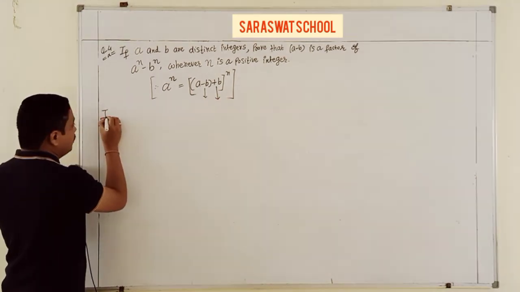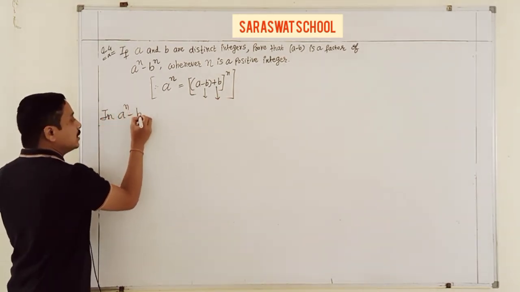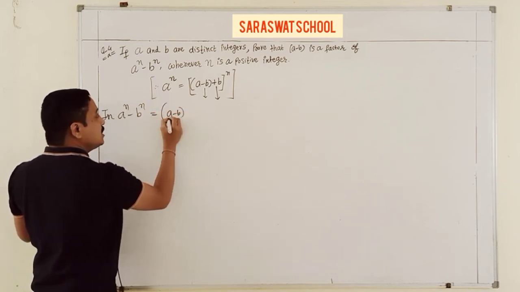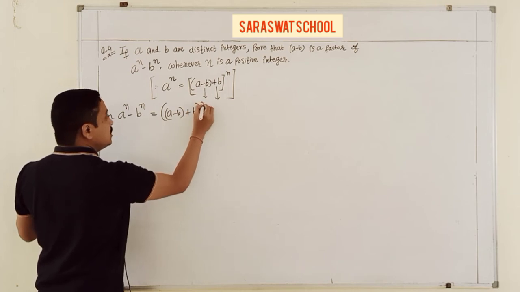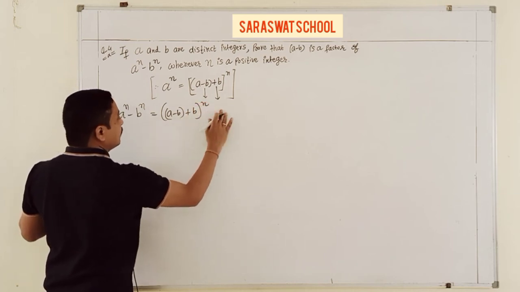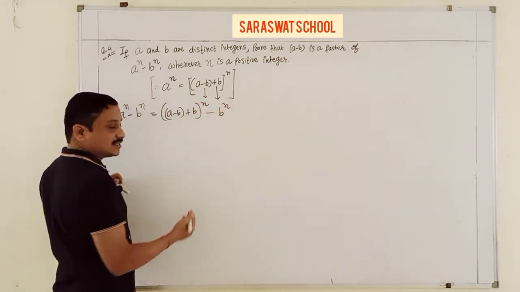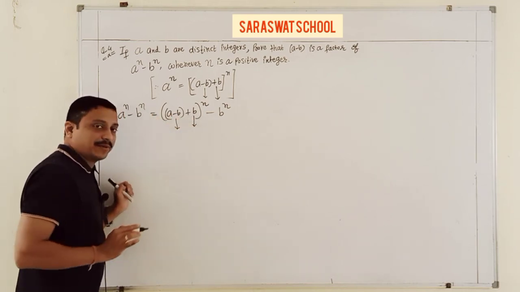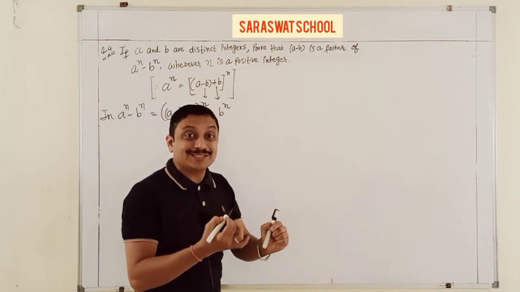So in a raised to n minus b raised to n, I just write down in place of a, a minus b plus b raised to n, and minus b raised to n is the same as this. I take this as capital A and this as capital B, and start the expansion.